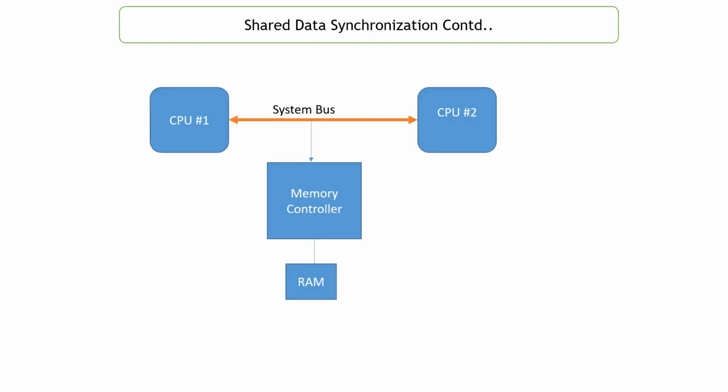Continuing with shared data synchronization, consider two CPUs connected across a system bus. That is, CPU 1 and CPU 2 are connected across a system bus. A memory controller is connected to the system bus along with random access memory.